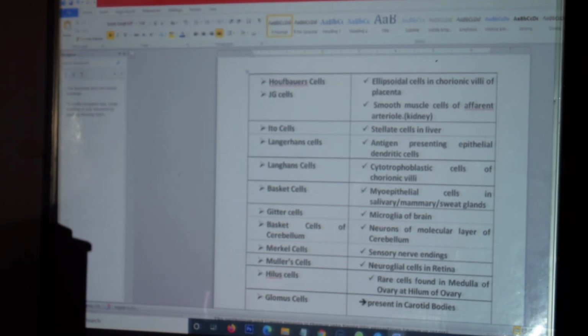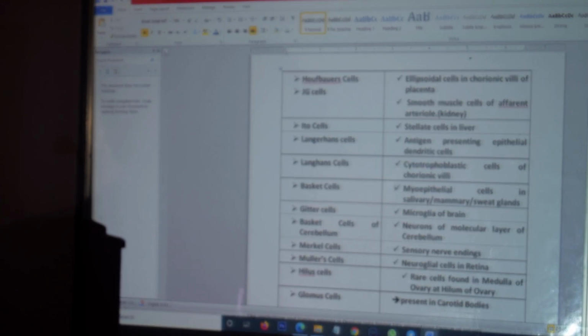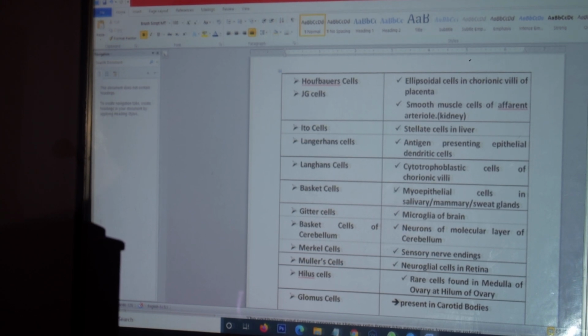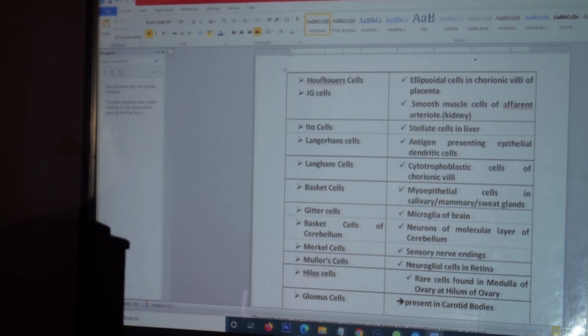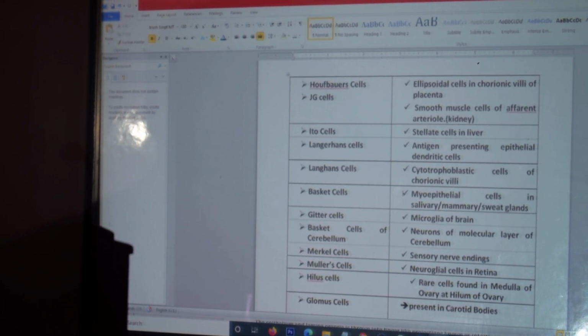So you can have a look at the board and see Hofbauer cells present in the chorionic villi or the placenta, the JG cells, which are smooth muscle cells present in the afferent arterioles of the kidneys, the Ito cells, a question so frequently asked. These are the cells present in the liver.